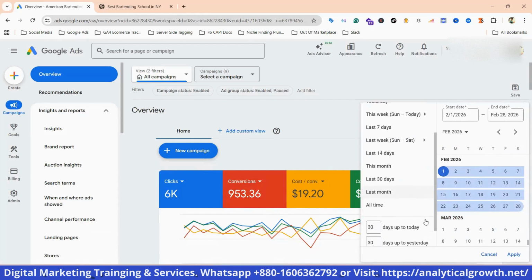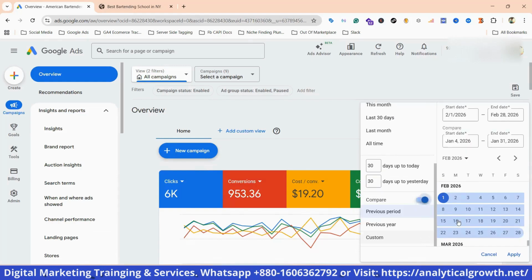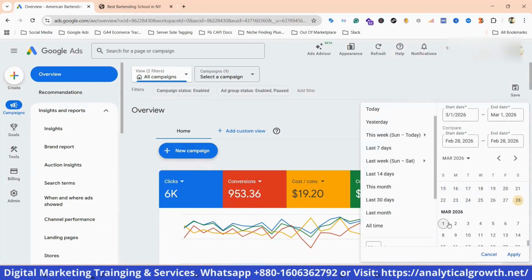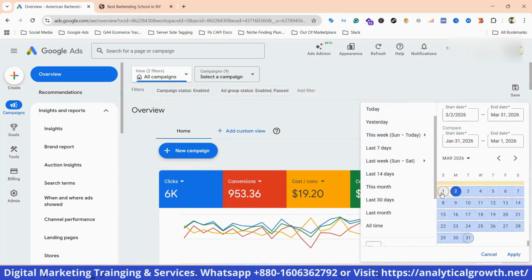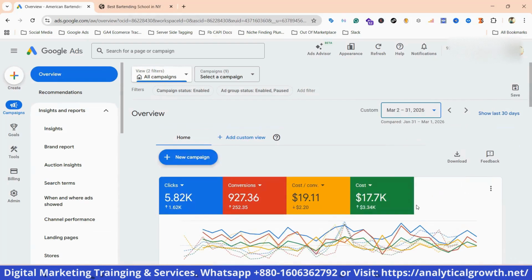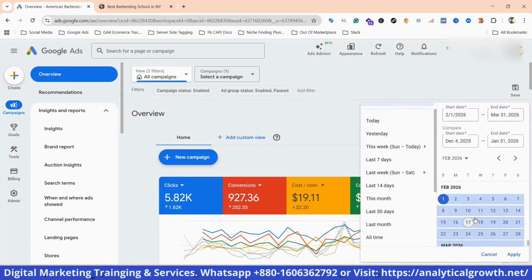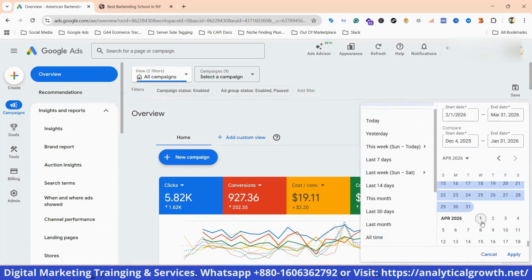So let me sort it out. Okay, let's do it like this. So let me compare it. Let's compare March with February, not January. Let me select this one actually.